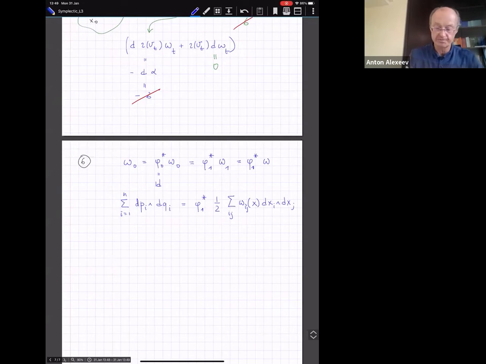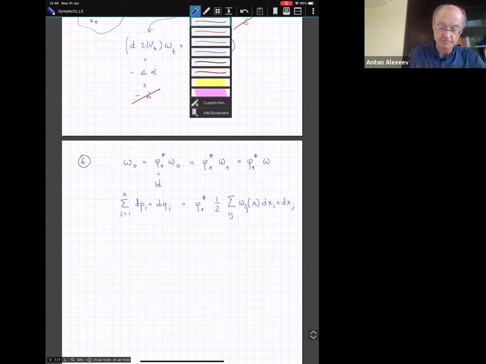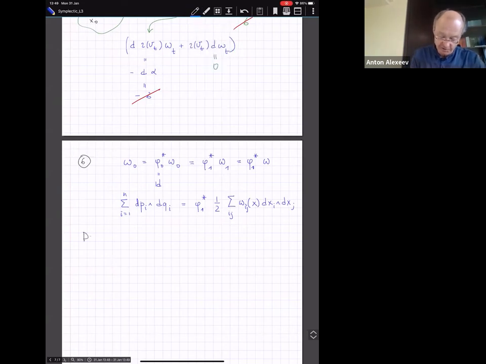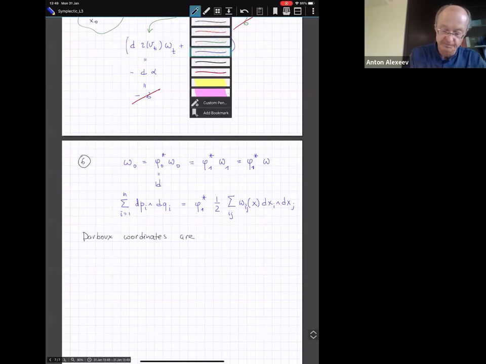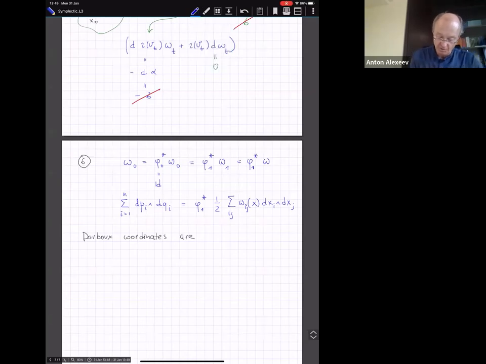or in other words, it says the following, that the Darboux coordinates are: you take qi composed with phi 1 inverse and pi composed with phi 1 inverse, right?